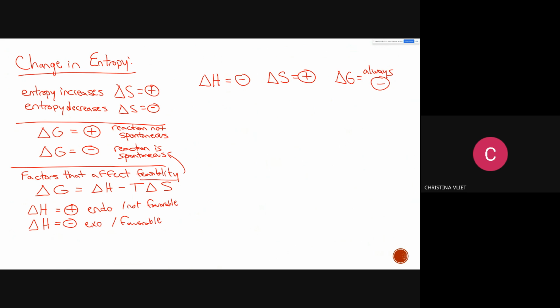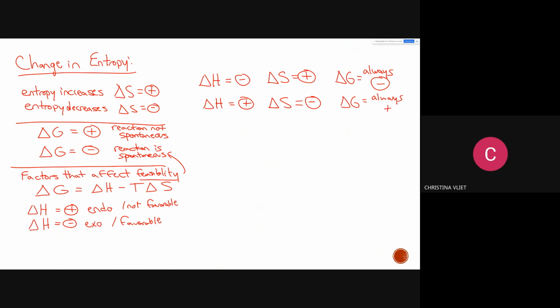So far so good? What if we flipped it? What if delta H was positive and delta S was negative? Meaning this reaction is endothermic and it would result in less entropy. What would be the sign of delta G? If the signs are opposite and you have both unfavorable scenarios, then your delta G is always positive.